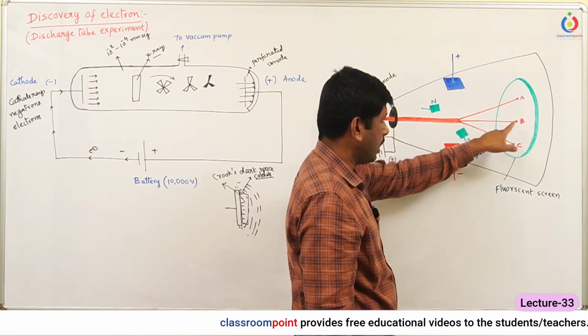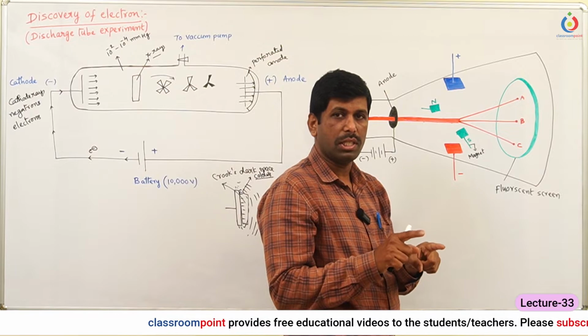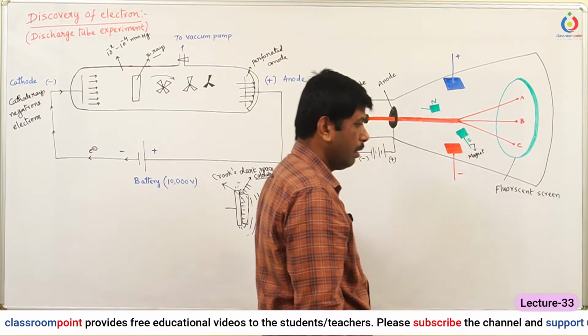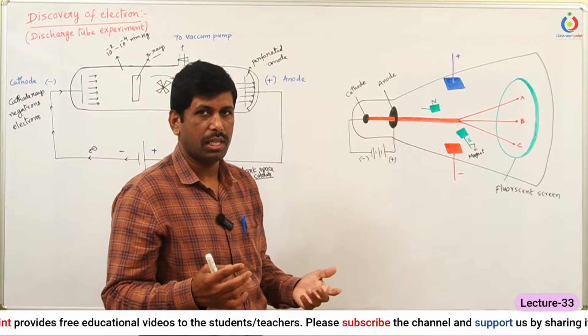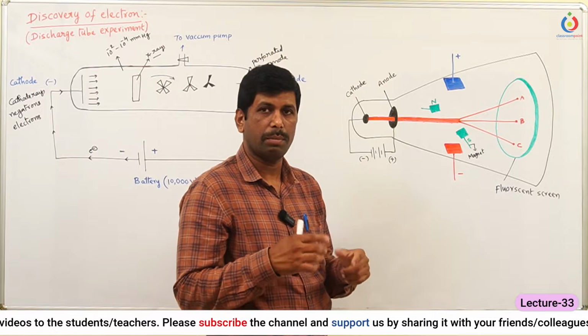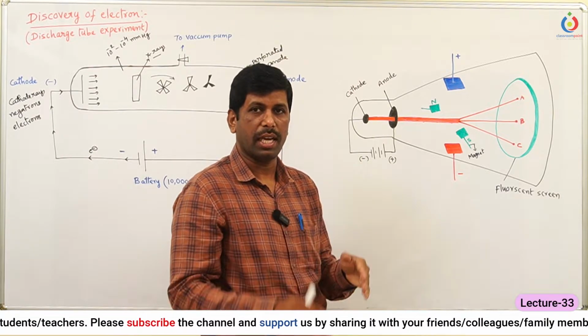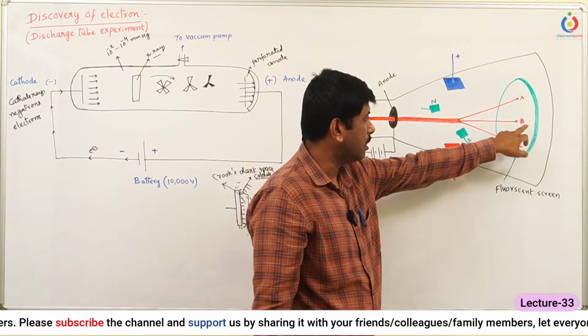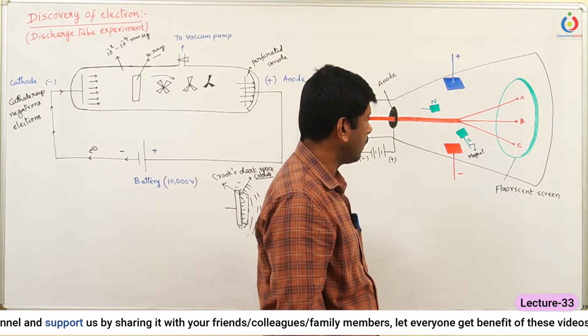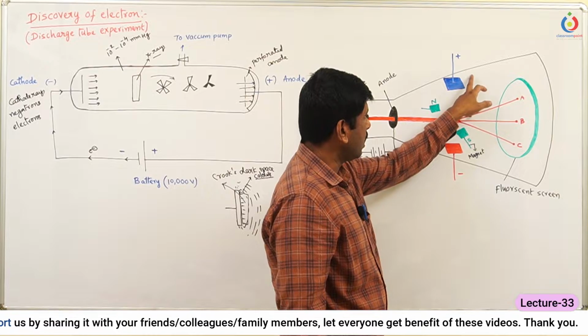When no field is applied, or both fields are applied to the same extent, then they hit the screen at a point B. When no field is applied, we can understand that the field is not present. But when both the fields are applied with the same magnitude, each field gets cancelled and finally they hit the screen at point B, moving in a straight line. Why do the particles hit at point A when the electric field is applied?